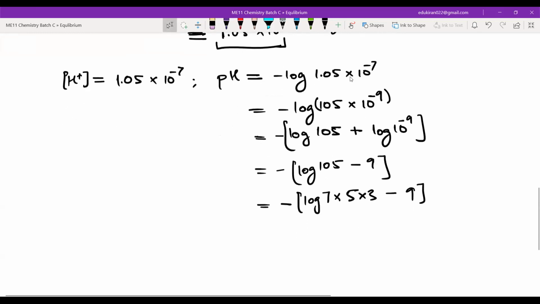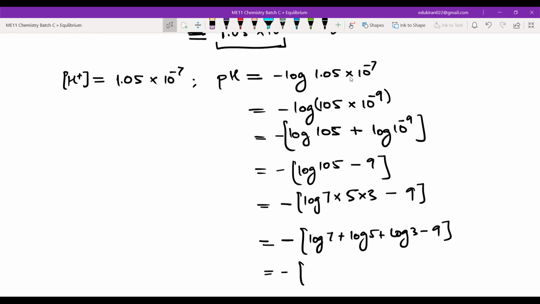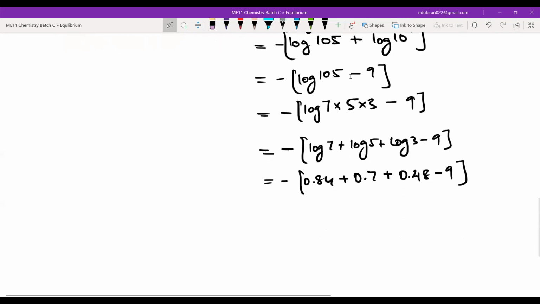Then we have a minus sign here. This will be equal to minus log of 7 plus log of 5 plus log of 3 minus 9. Log of 7 is 0.84 plus 0.7 plus 0.48 minus 9. Calculate this, tell me. You got similar kind of simplifications? Yes or no? Sarah?